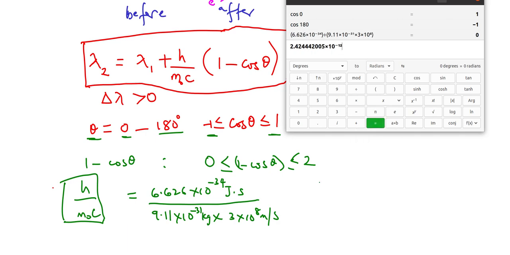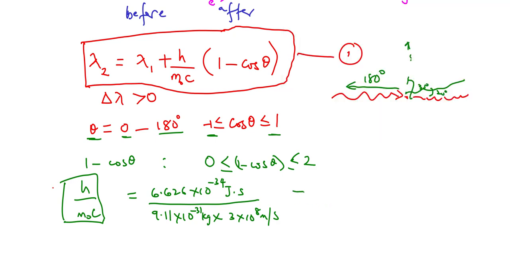So we get 2.424 times 10 raised to the power minus 12 meters. This minus 12 is a picometer, so we can write this as 2.424 picometer.